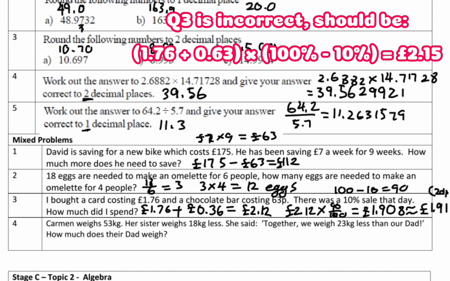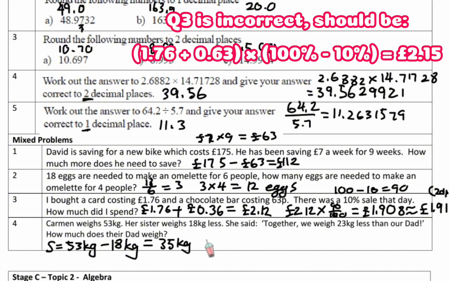Question 4. Carmen weighs 53 kg. Her sister weighs 18 kg less. She said, together we weigh 23 kg less than our dad. How much does their dad weigh? So first we can find how much her sister weighs. So her sister would be 53 kg minus 18 kg, which is 35 kg.